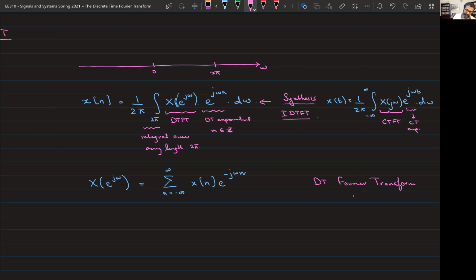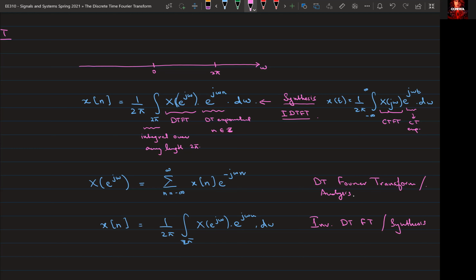Let me write this down again. x of n is 1 upon 2 pi, integral over 2 pi, X of e raised to power j omega, e raised to power j omega n times d omega. And this is the inverse discrete time Fourier transform, or the synthesis. And of course, the other one is the analysis.